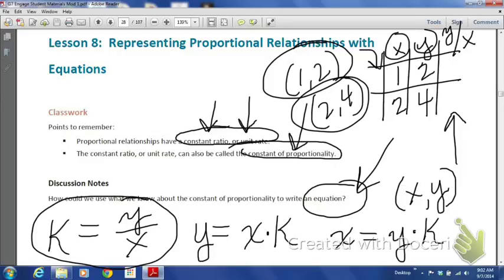We have 2 over 1, and then 4 over 2, which is our constant rate of 2, or constant of proportionality, or unit rate.